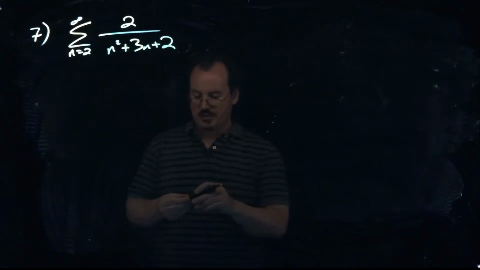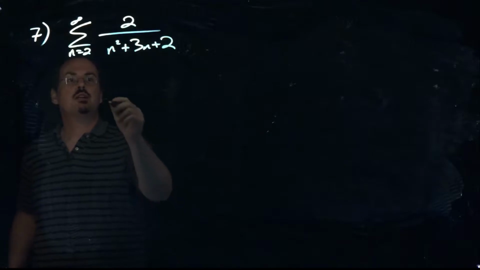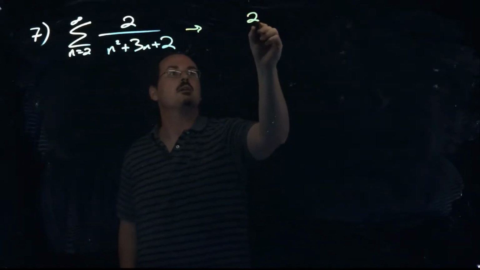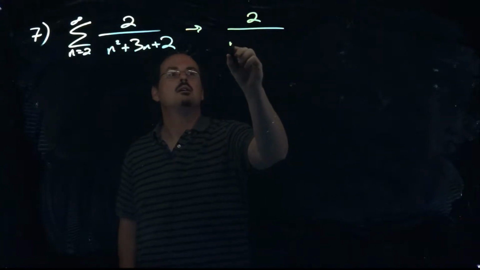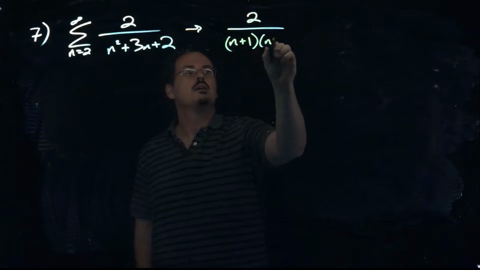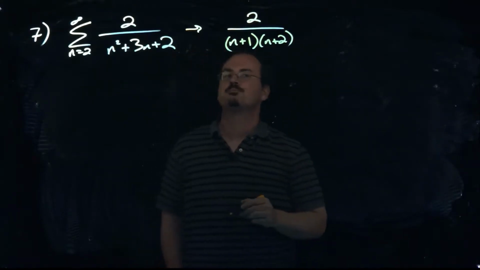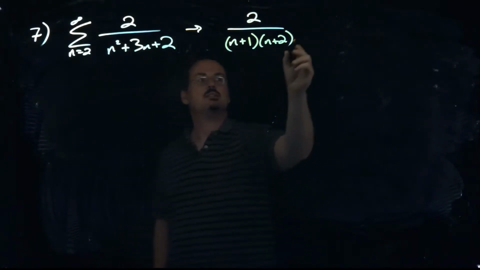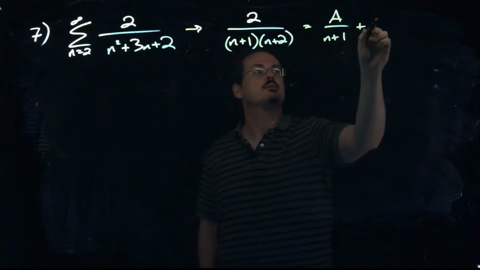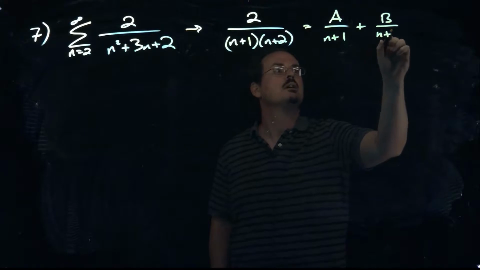So for telescoping series, what we need to do is first find the partial fraction decomposition. We'll factor the denominator as n plus 1, n plus 2, and say that this is equal to something over n plus 1, something else over n plus 2.